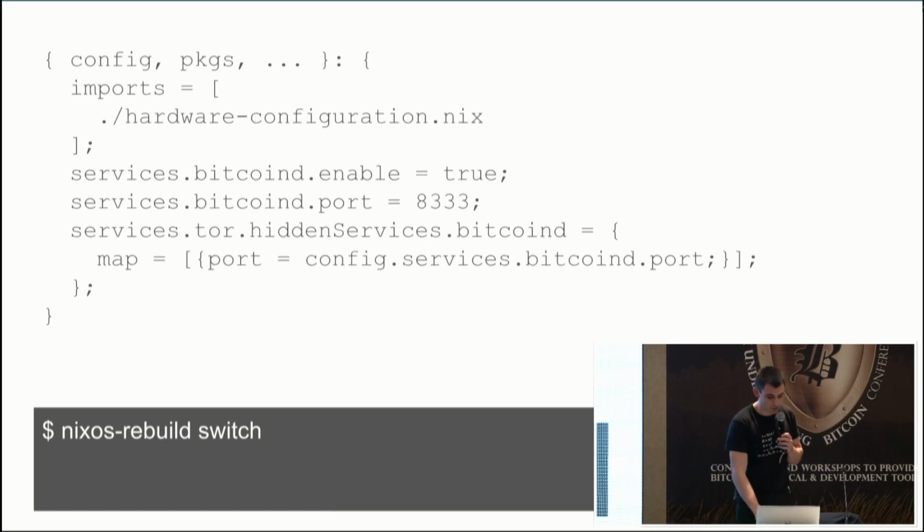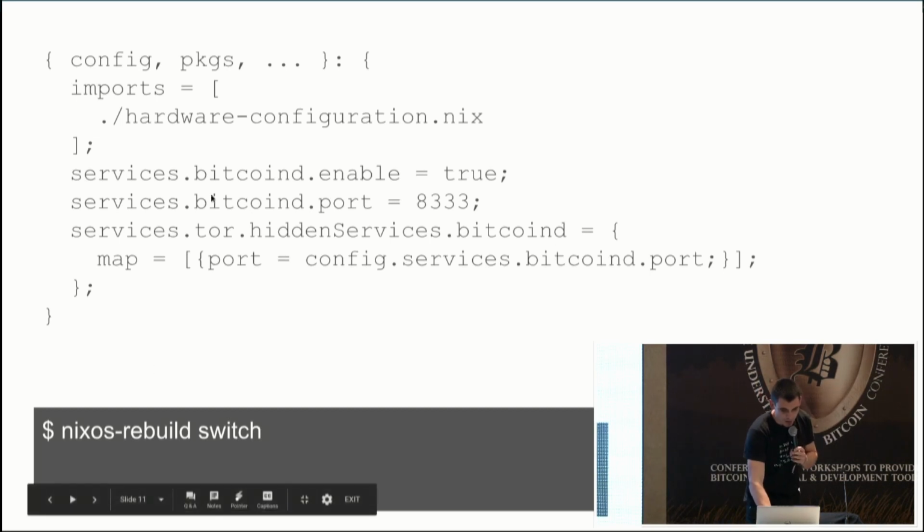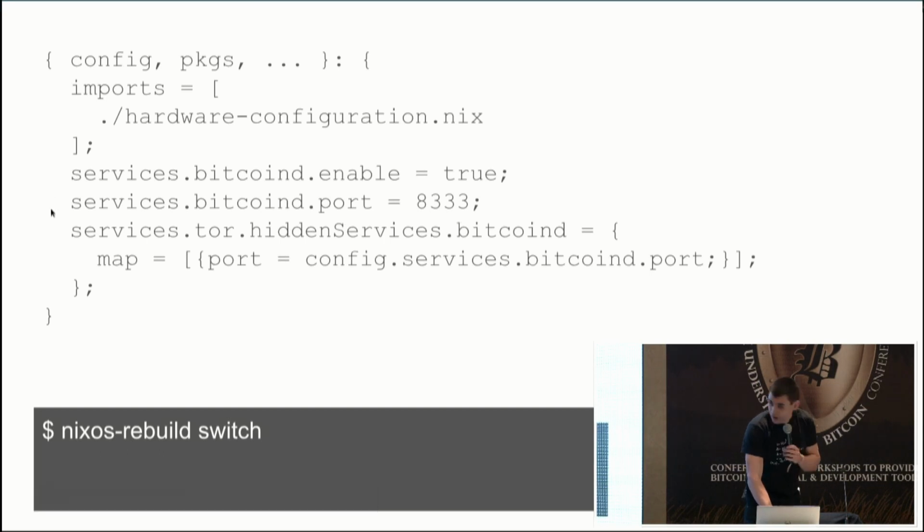You can also specify other things. For example, you can explicitly specify the port Bitcoin-D is running on, and then you can say, okay, I want a hidden service for Bitcoin, and that's then just 3 lines in this case, where you say you want to map this Tor hidden service to this particular port that you have previously set.